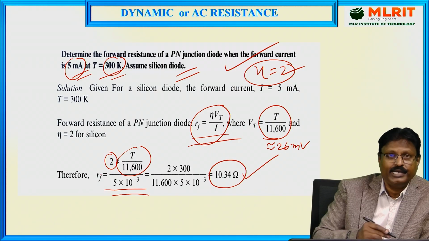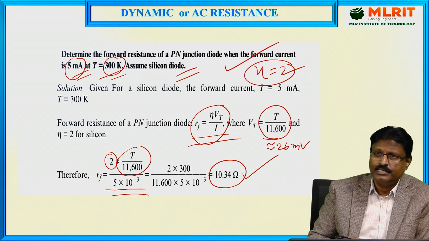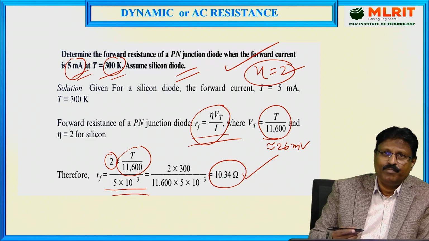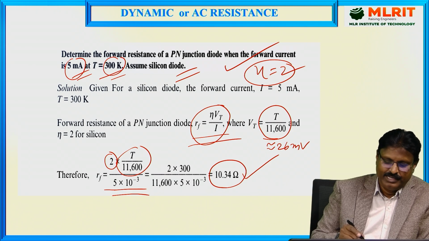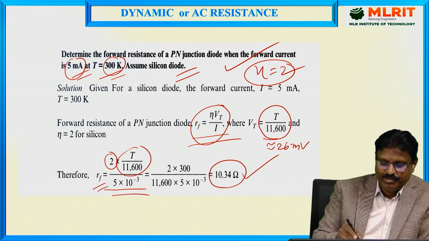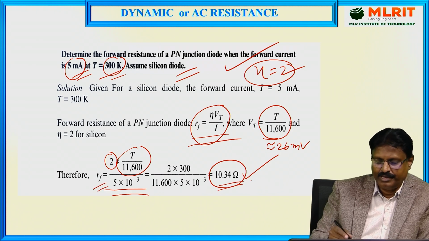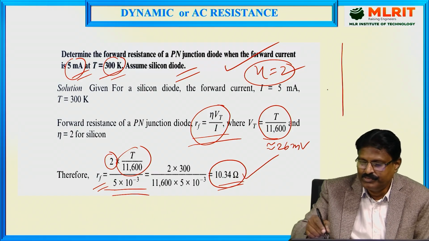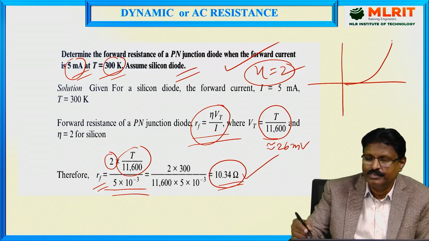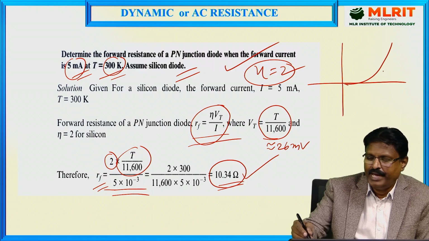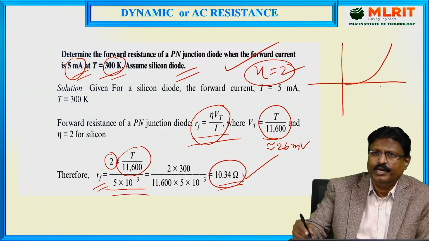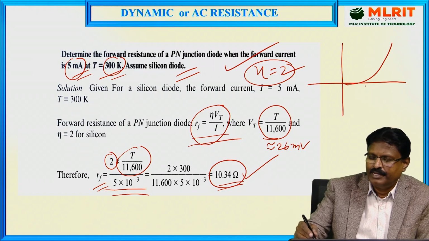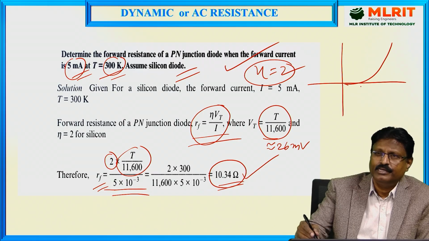It is resistance, forward resistance, because we are calculating the forward bias AC resistance. So here Rf is equal to 10.34. Why is the resistance value very, very small? In the forward bias, maximum current will flow, so the resistance will be very, very small.